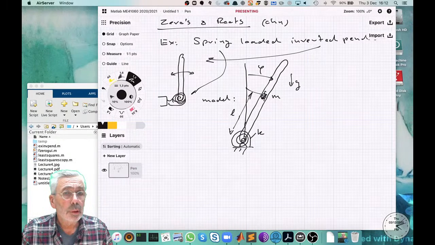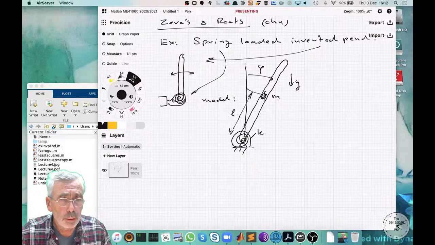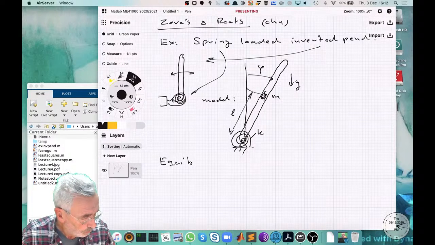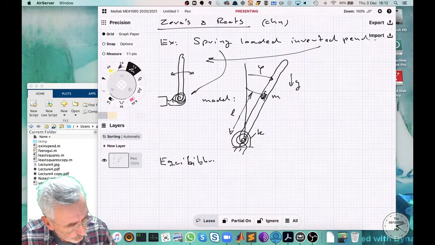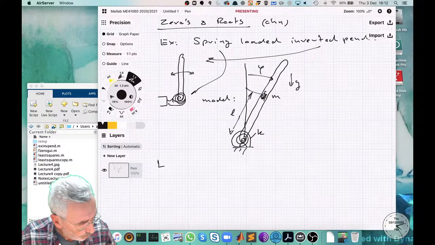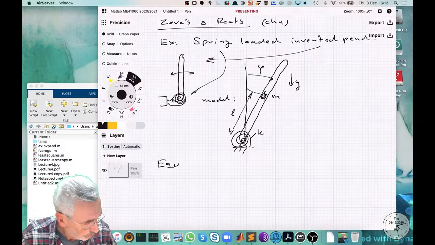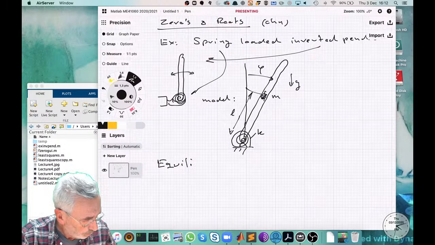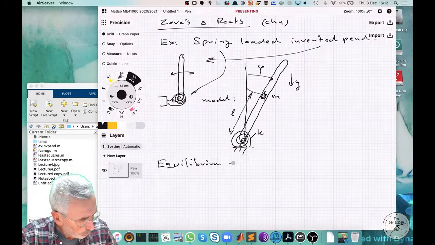Okay, if we want to know about equilibrium and so on, then equilibrium is about finding the equations of motion, right?